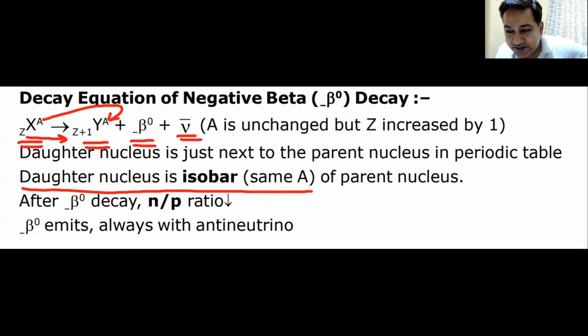These are the things that you may have to remember. After beta decay, neutrons become less, protons become more, so the N by P ratio decreases. And we always have one negative beta particle, an electron, coming out, and one antineutrino together with it. Do we understand this?